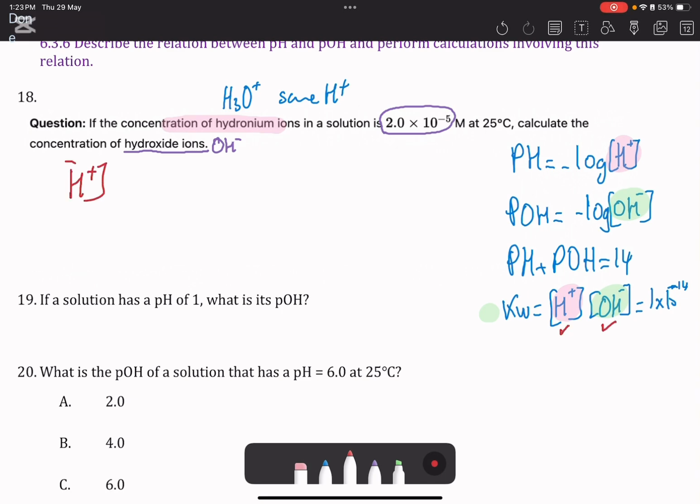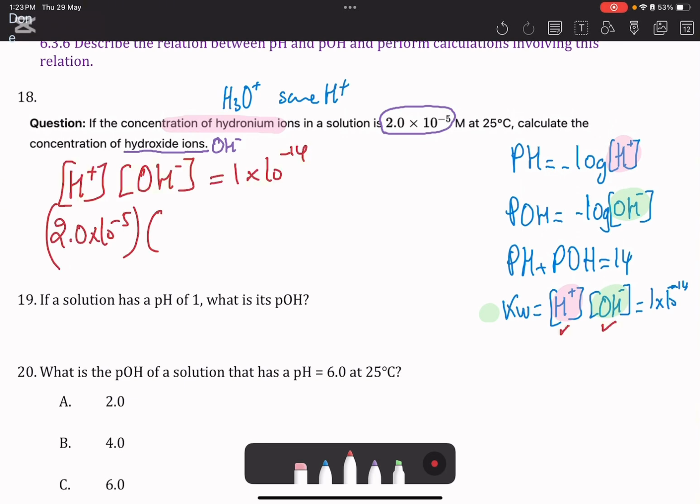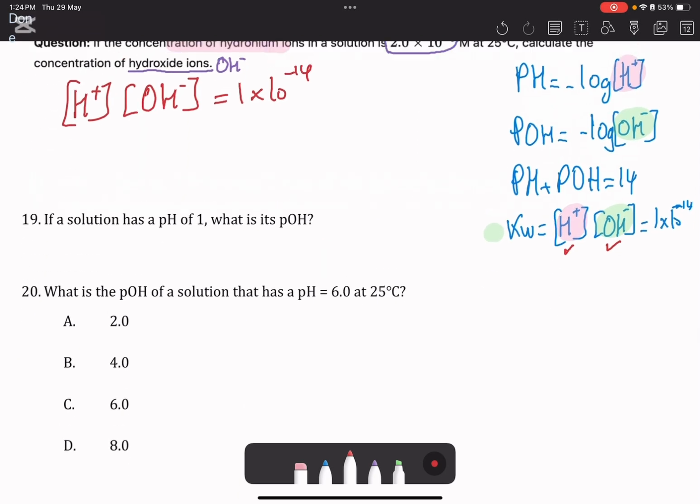H plus multiplied by OH minus is equal to 1 times 10 to the power negative 14, and I'm going to substitute X. Solving for X, you will find the hydroxide ion concentration equal to 5 times 10 to the power negative 10. Do not forget the unit, which is molarity.